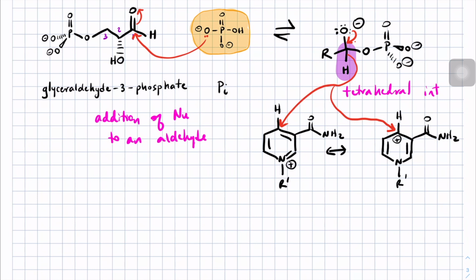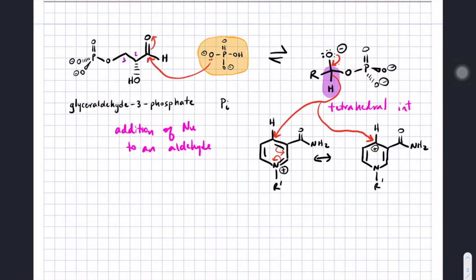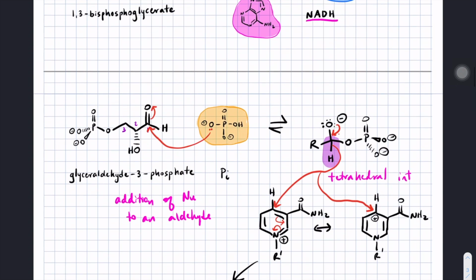You can push the arrows from either mechanism here. If you're doing the one on the right, you only need one arrow. Over here on the left, you would need these two arrows to get you to the desired products. And I'm not going to draw them again because they're written above. All right.